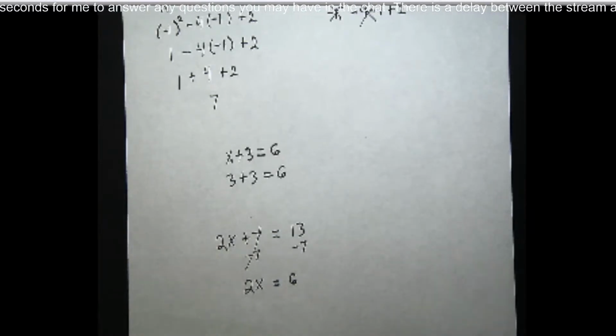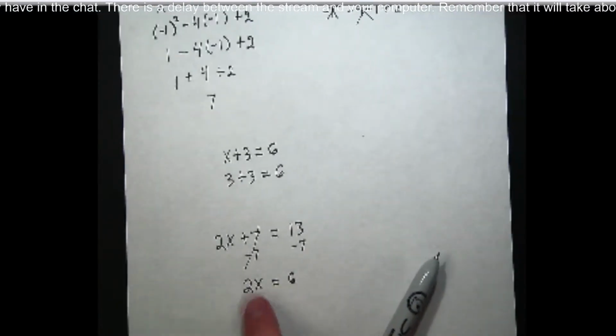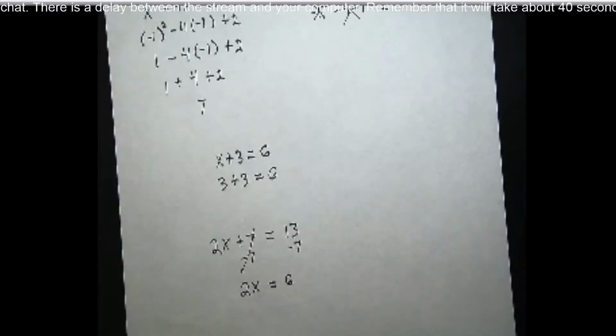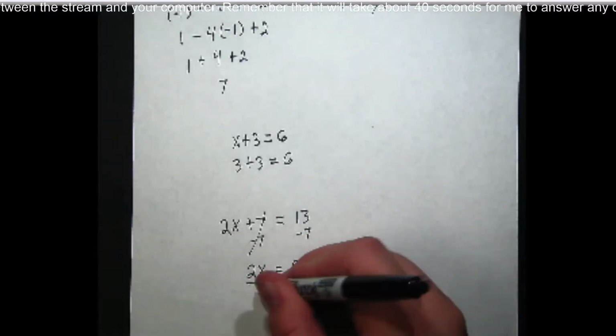We have to do the opposite of what this 2 is doing. And it isn't adding, it isn't subtracting, it's multiplying by that x. So if we want to get rid of this 2, again, we need to do the opposite of whatever it's doing right now. If it's multiplying right now, the opposite would be dividing.